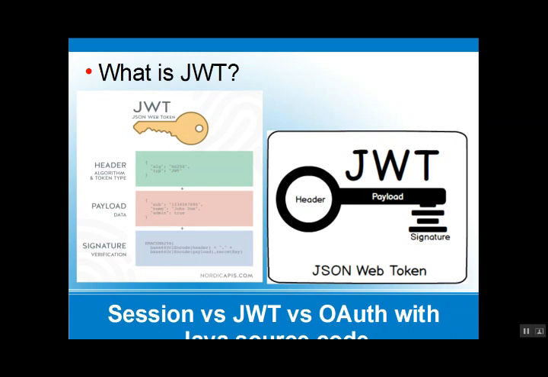Payload is basically the data which you want to store in the JWT. So probably you can store the role, the name, the user ID, or session information, and whatever information you want to store, you can set in the payload section.